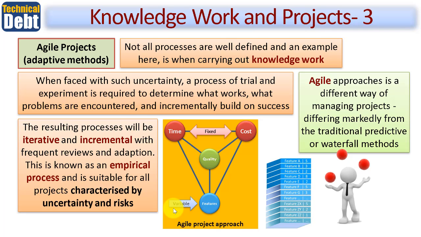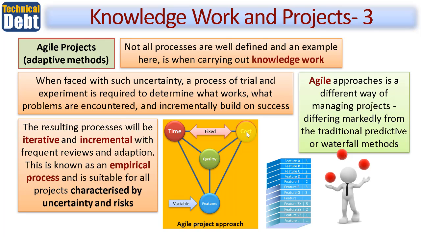And here in Agile, we turn the iron triangle on its head. We've still got the four main aspects, but here, within an Agile project, we have a fixed time and a fixed cost. You will have maybe heard of the term sprints and time boxes. Well, this is exactly how Agile works. Within, say, a traditional stage or iteration, as Agile would call it, you may have one or more sprints.